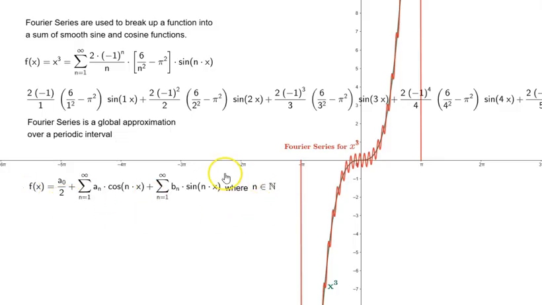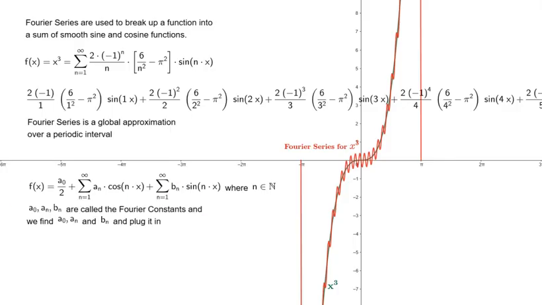The Fourier series general formula is this: f of x is equal to a naught by 2 plus sum as n goes from 1 to infinity of an times cos nx plus sum as n goes from 1 to infinity of bn times sine nx, where n is in the set of natural numbers.